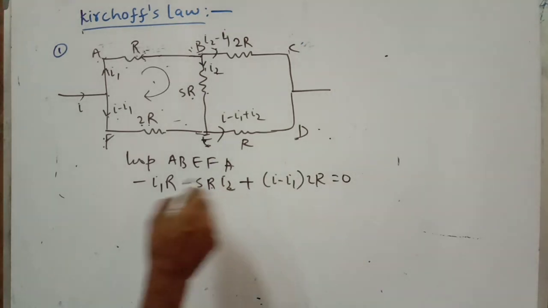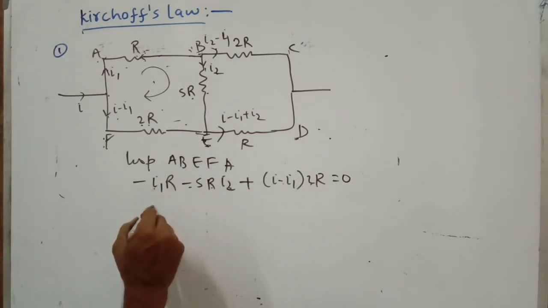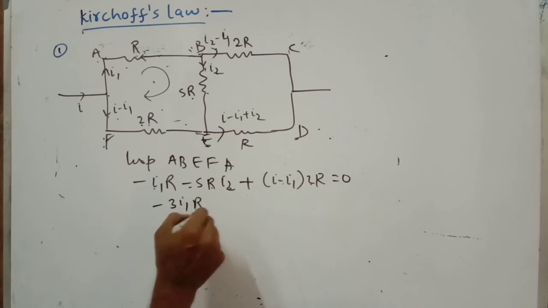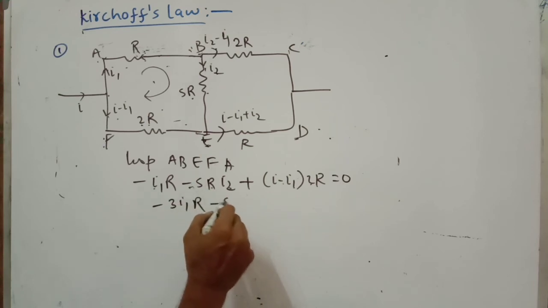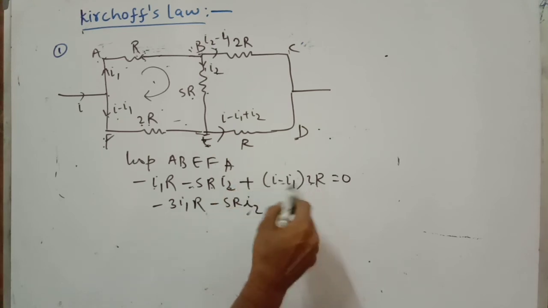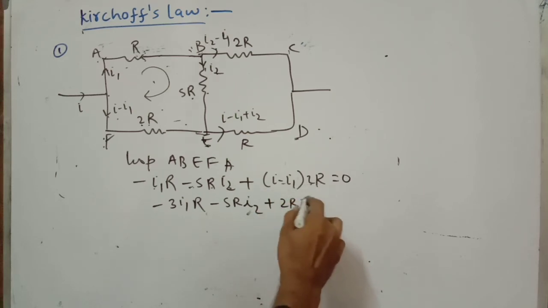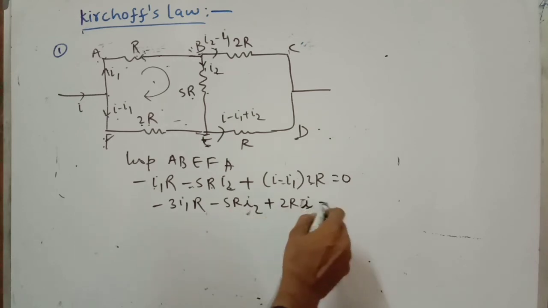So here you can write minus 2I1R minus I1R, that is minus 3I1R, minus 5R I2, and plus 2RI, equal to 0.